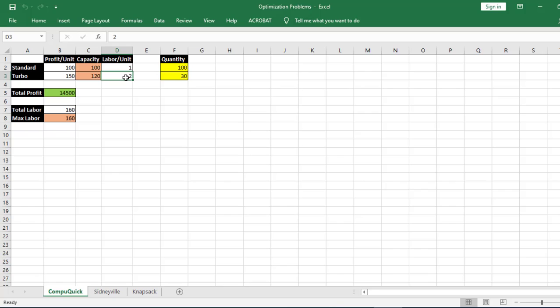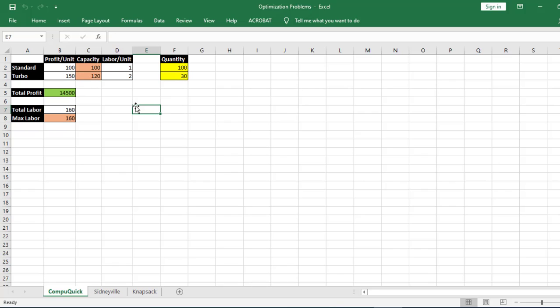So that's why, guys, since I have a capacity for the total labor, which is 160, I cannot have only turbo. And that's why the values are here 100 for standard, because standard computers do not necessitate a lot of labor hours, and 30 for turbo, although the profit of turbo is the highest.